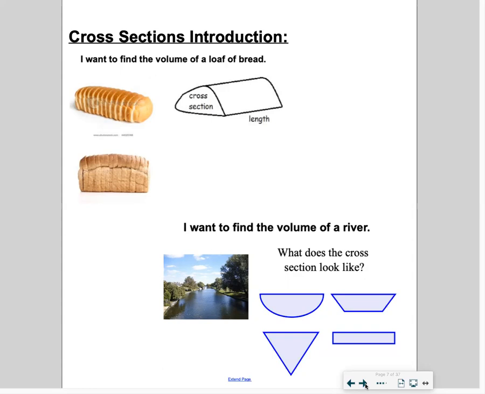Or let's say you take a big knife and cut right through a river or drainage, and then look into it. It would look something like this, the bed of the river. This is what we mean when we say cross sections: cutting into a three-dimensional figure.